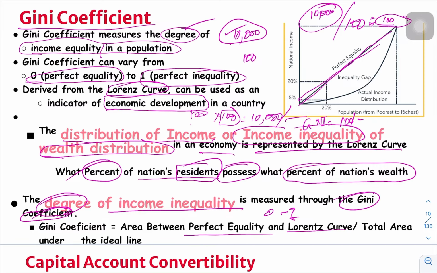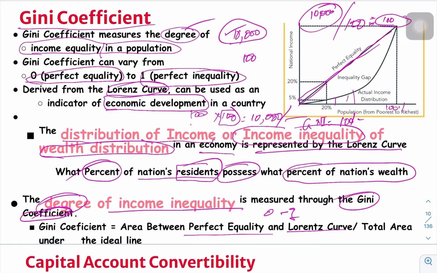Because there are good and bad. Very few people on the bottom ladder are able to get a very small amount, that is 20%, 30%. And at the richest end, if you see, 100% of the population is there.